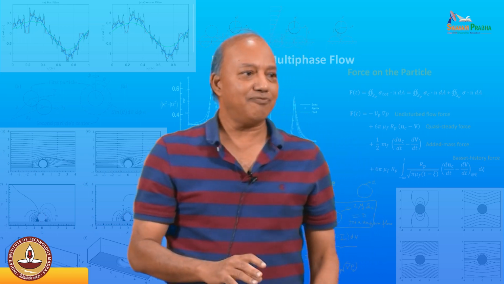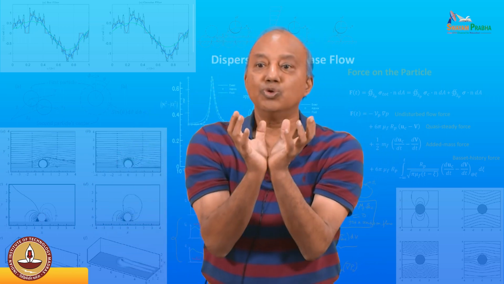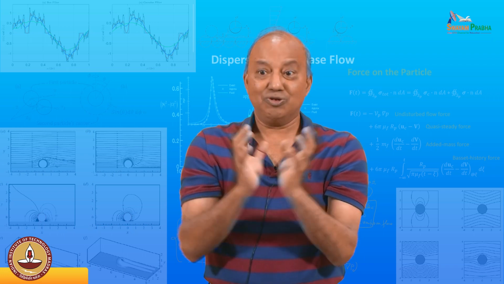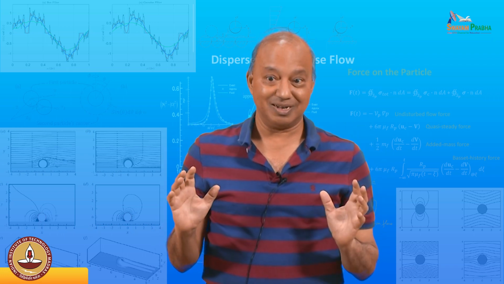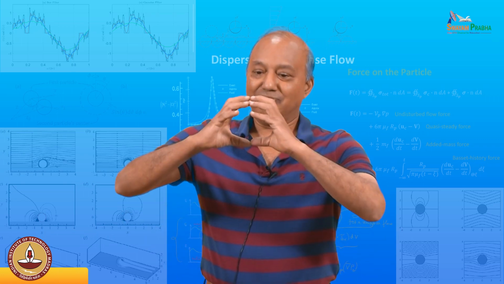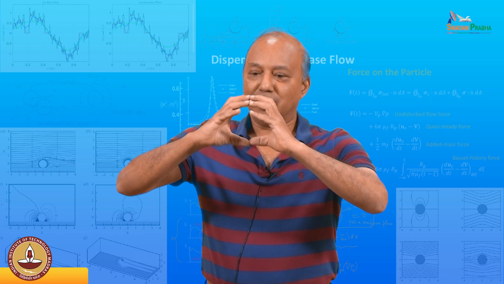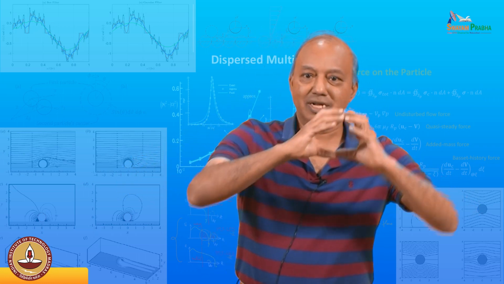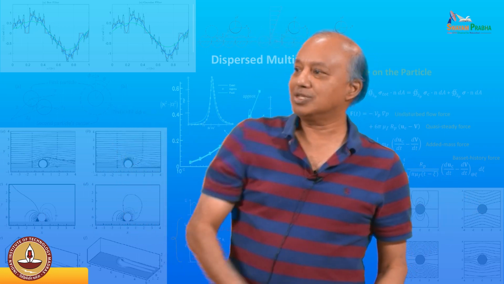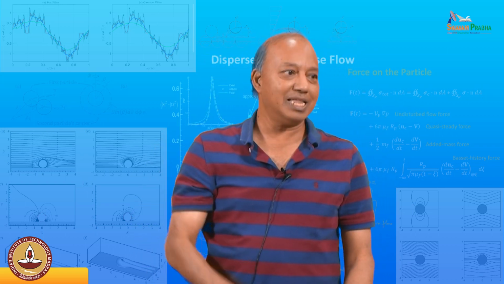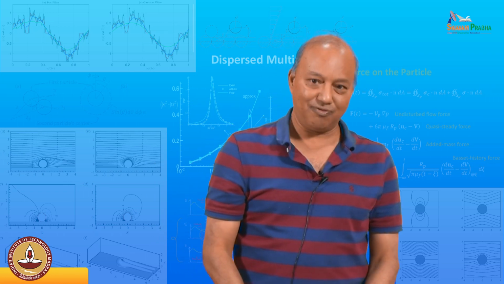And where does the extra force come from? It is only due to the no penetration boundary condition. It could be an inviscid fluid, it does not matter. Just the fact that the fluid cannot penetrate through this particle, and you accelerate it, it will drag with it a certain amount of fluid. An added mass must be accelerated, and that is the idea of the added mass force.